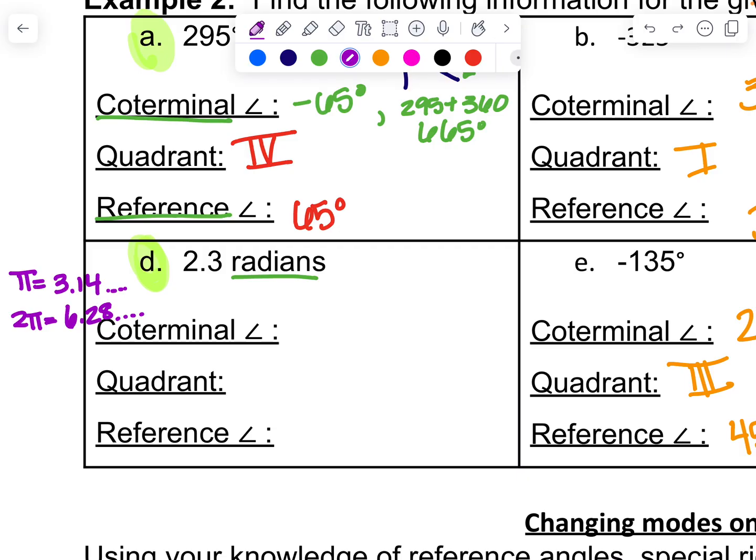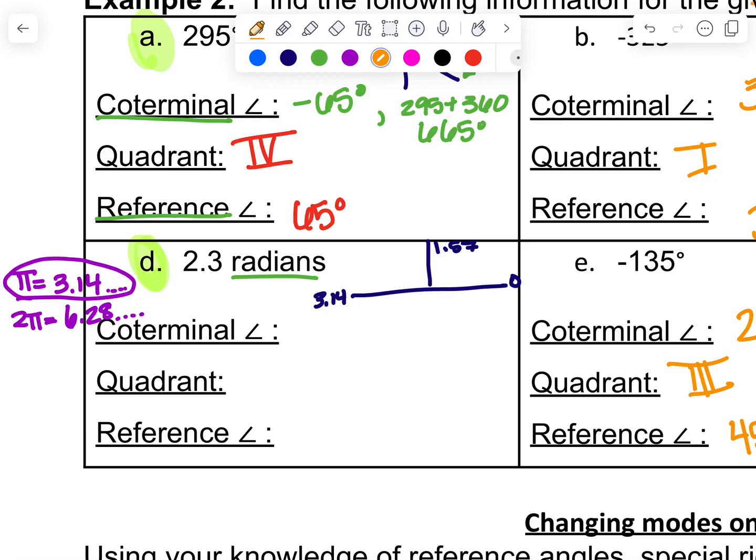So I know that it's less than pi, which means it's going to be in the first or second quadrant. So I'm going to create my axes. I've got 0, 3.14, because that's pi. Then this positive y-axis is half of that, so that would be 1.57.